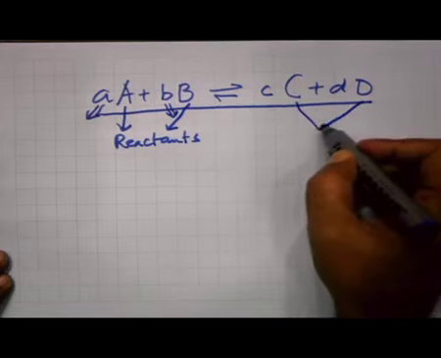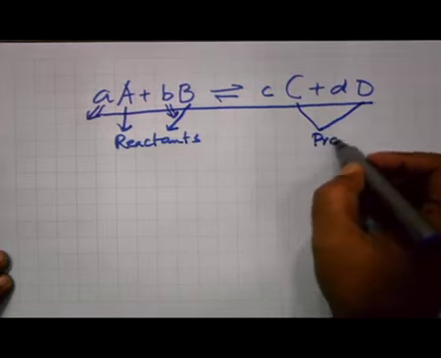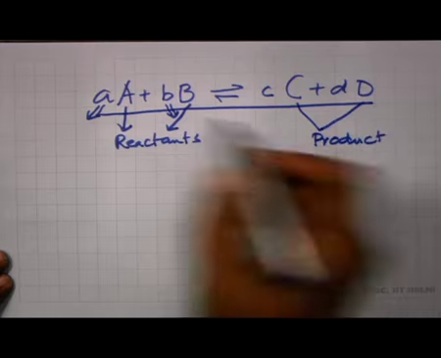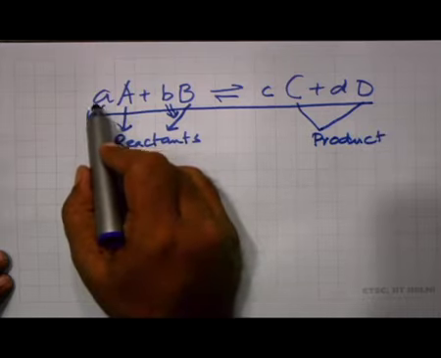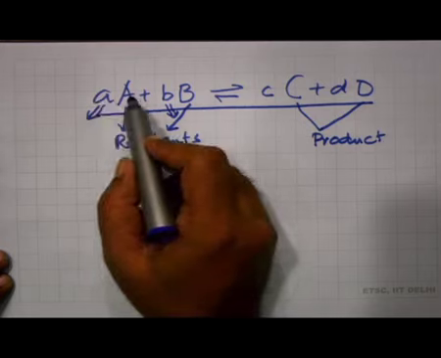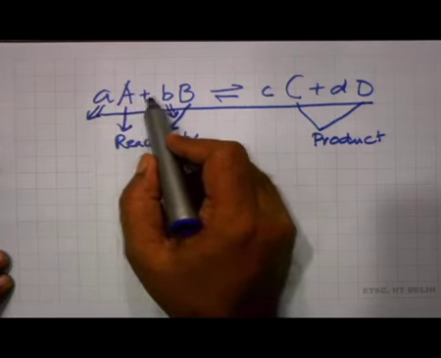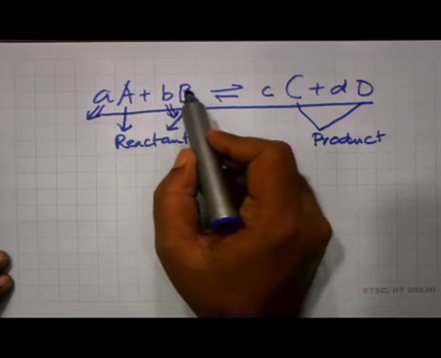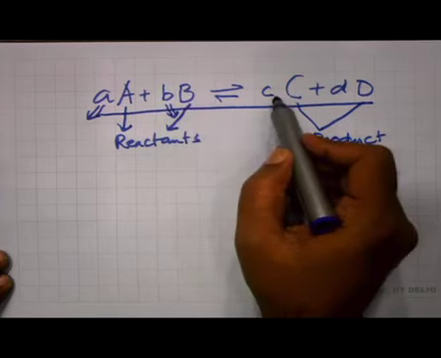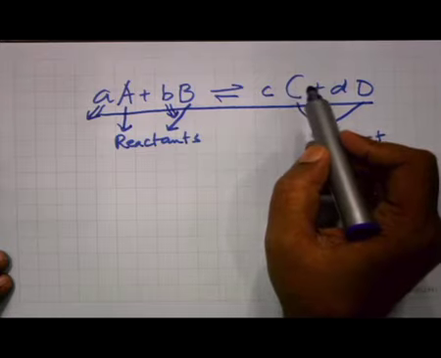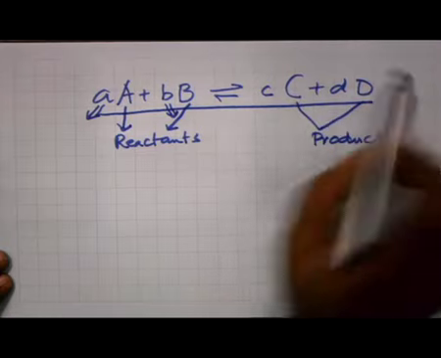C and D are products. So, this reaction tells you that a moles of reactant A, when combined with b moles of reactant B, give you c moles of C and d moles of product D.